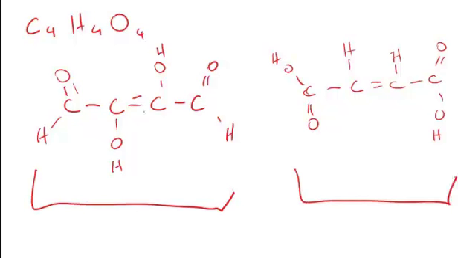I've put the double bond in the middle, because we've got geometrical isomers here, and if we put it at the end, it wouldn't be possible to have a carbonyl group at the end, which seems logical with having 4 oxygens there. If we were to put the double bond here, we would have a structure that just really wouldn't work. So the double bond going in the middle seems to make sense.